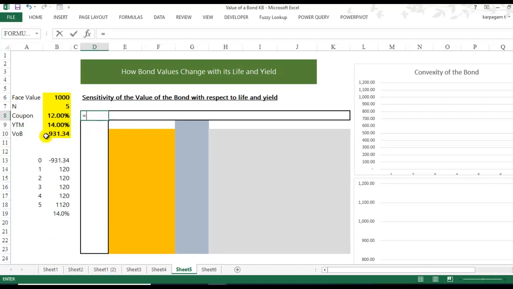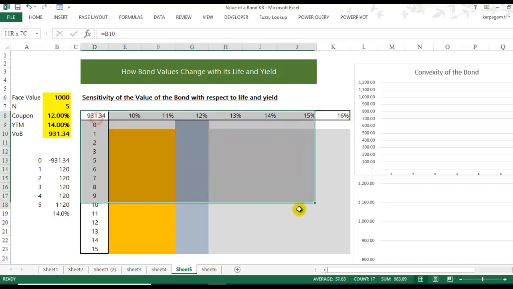Now I am going to take the life of the bond, which I'm going to put on this axis, starting from year 0. I'm going to take the changes in the yield here, starting from say 10%, 11%, 12%, 13, 14, 15, and 16.